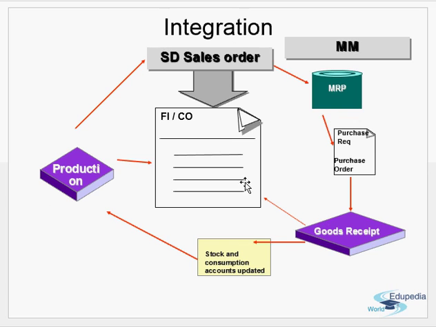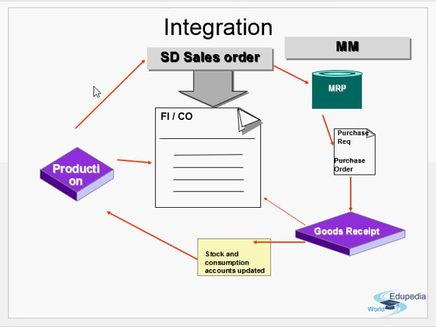You put in a sales order, then you purchase it, you get a receipt, then you stock it and consume it, and the accounts are updated and the production happens. So you buy, you store, you process, and the output is delivered.